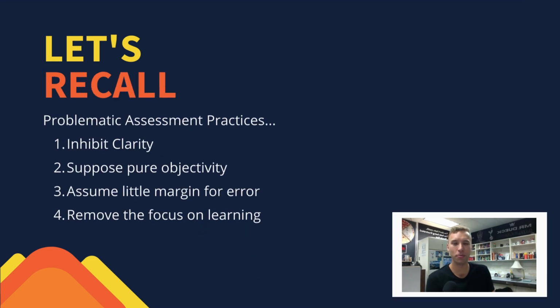Welcome back. Let's just do a bit of recalling from last time. Problematic assessment practices inhibit clarity. They suppose pure objectivity. They assume little margin for error, and they remove the focus on learning. They focus on earning, specifically with percentages. And before we can deal with any of these problems, we need to know that the foremost obstacle is teacher clarity.